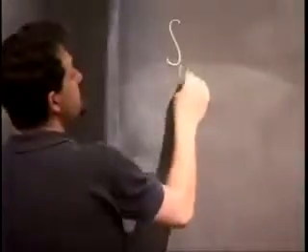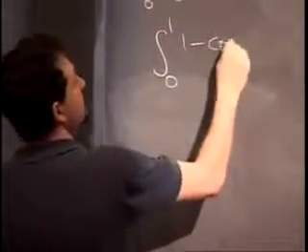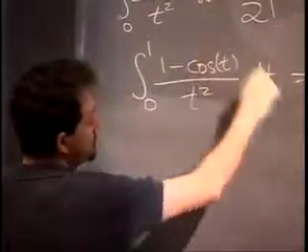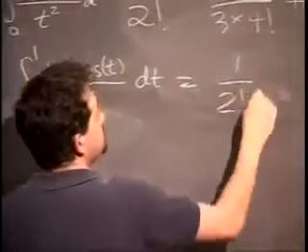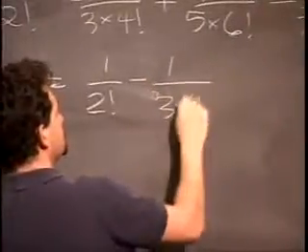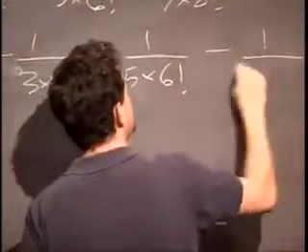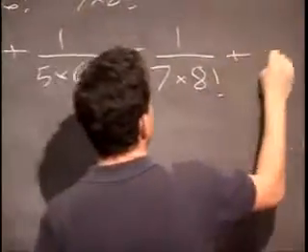Now, here's the deal. We want to estimate this quantity, the integral from 0 to 1. Well, just specialize, plug in x equals 1. And there is the exact answer. That's the exact answer, expressed as an infinite series that converges.